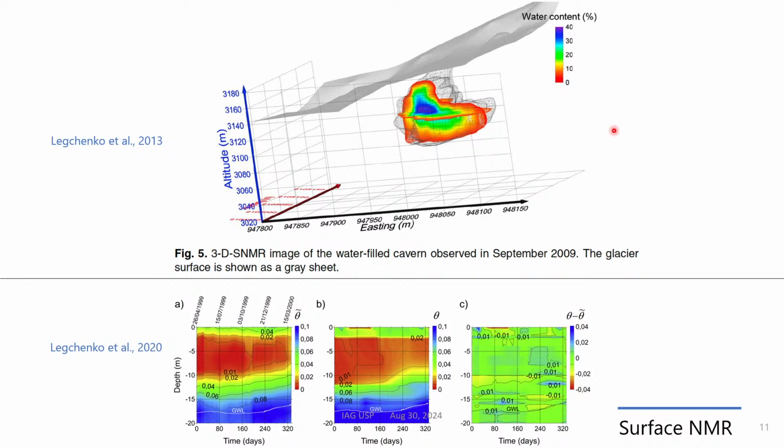This is the experiment they did in 2019, and then they did some further experiments to look at the signal distribution later in 2020. So this also shows that even in a glacier environment, when you look at an unknown underground object and try to understand how much water is within it, this shows a very promising 3D view of the water content in the subsurface.